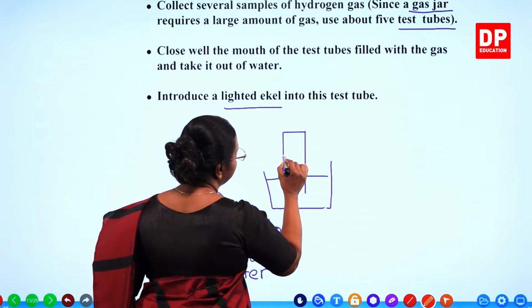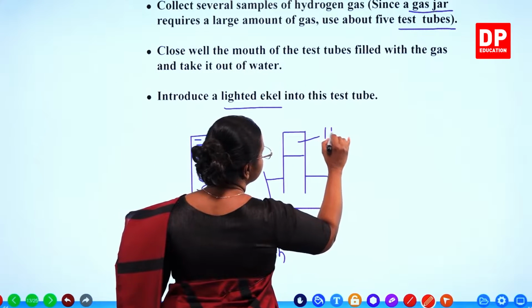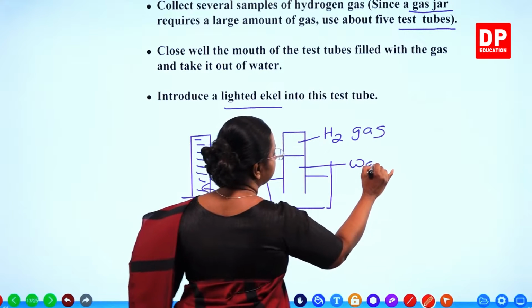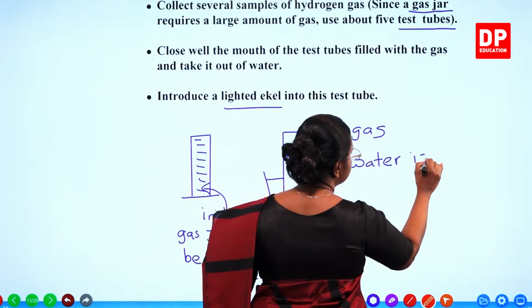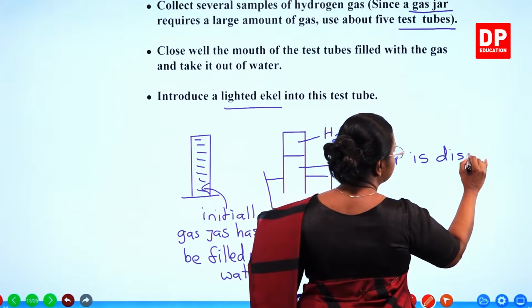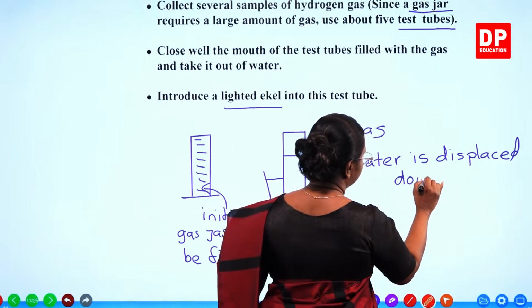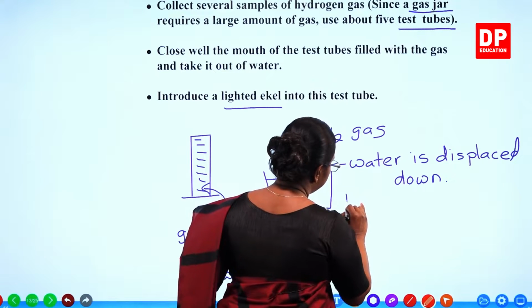So here what happens? Hydrogen is collected here and water is displaced down. Why?